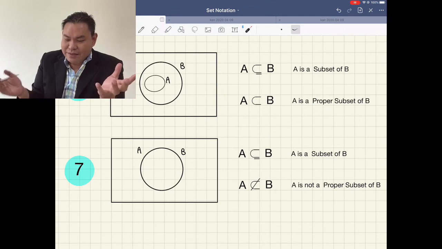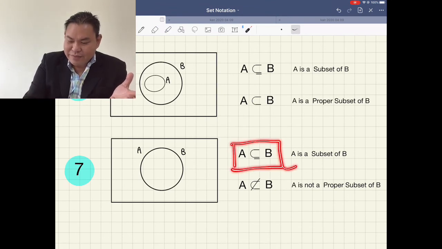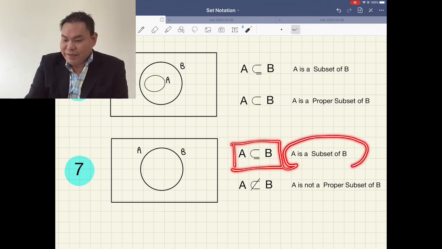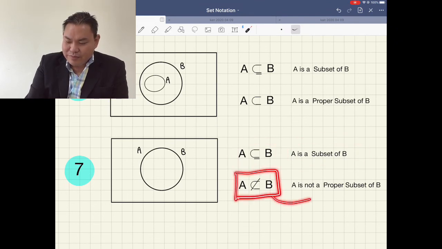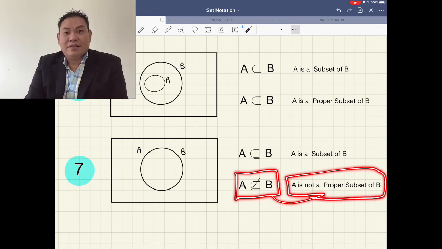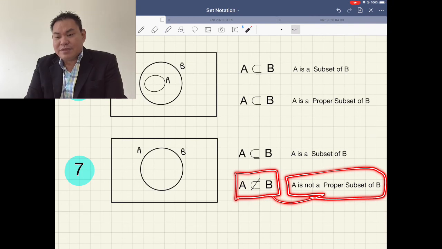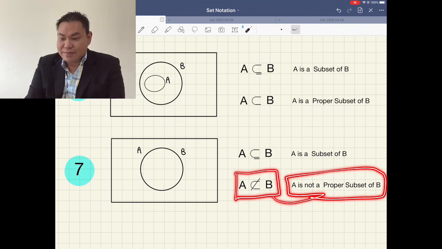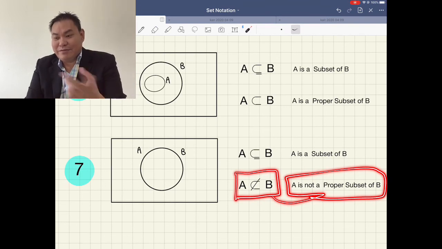In this case you can say that A is a subset of B because all members of A are also members of B. But A is not a proper subset of B because to be able to call it a proper subset, B must have at least one member that is not a member of A, right?